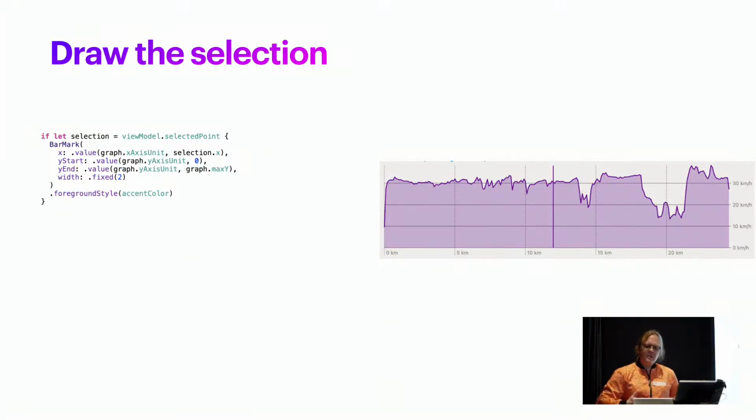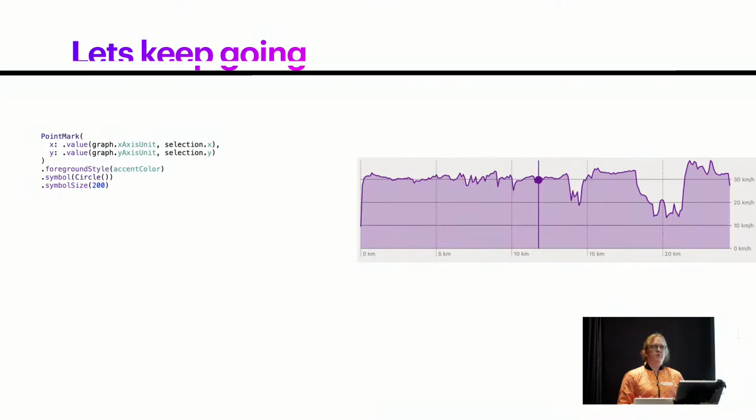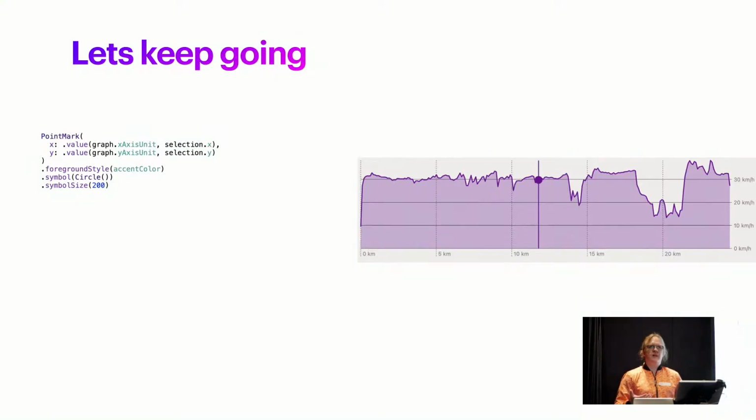Okay, looks good, but it's really only showing our X value rather than both the X and the Y values. We can then improve that by doing a point mark as well, which will give us something that we can interact with at a particular point.